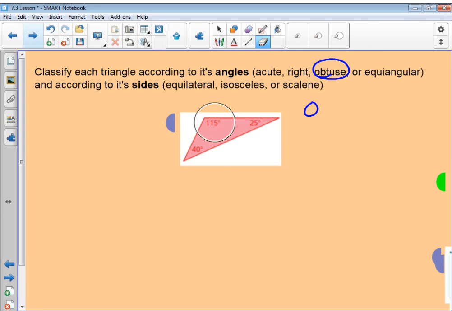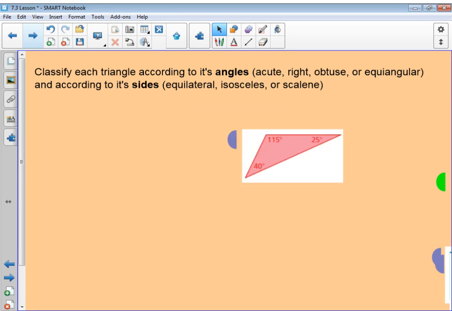If all of your angles are different, notice how none of these are the same, then that means all of the side lengths are different. Even though these two right here might look like they're about the same length, they're not. All of our angles are different, that means all of our sides are different. So the one that has all sides different is scalene. So we have an obtuse scalene triangle there.